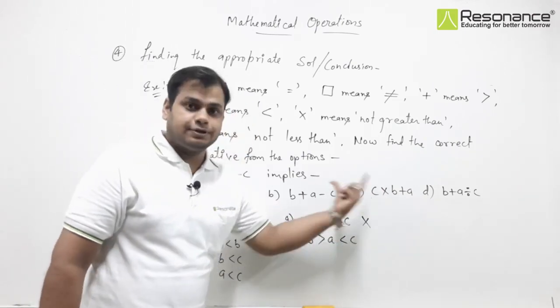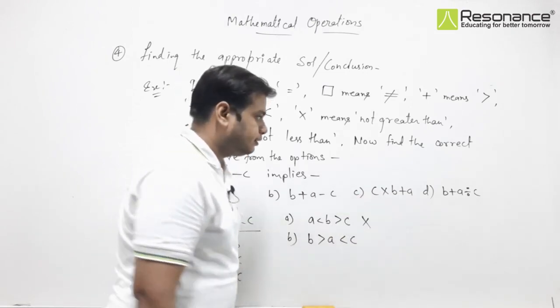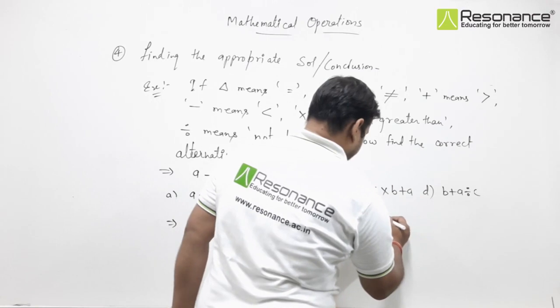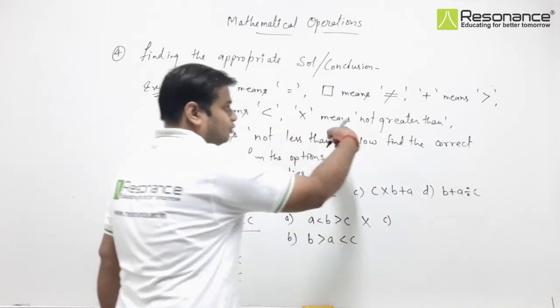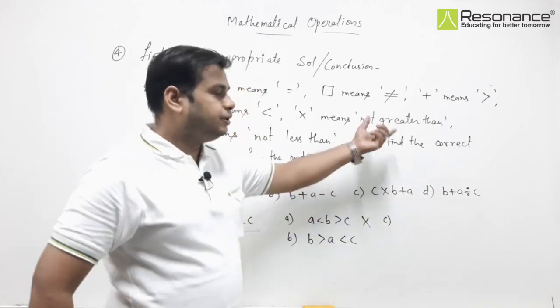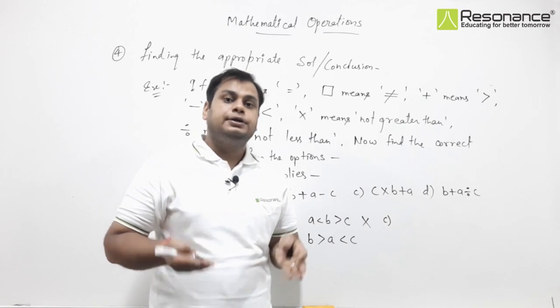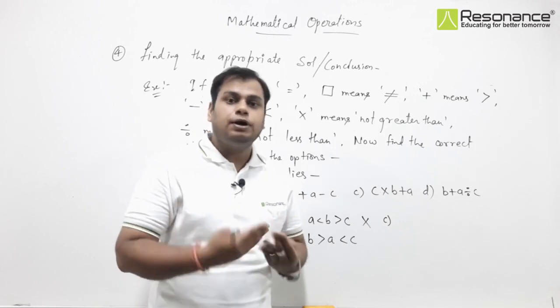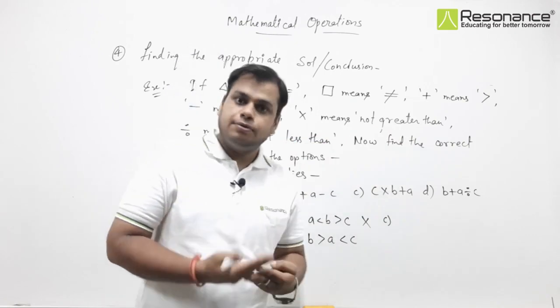Okay, let's see further. If it is a possible answer, then let's see further. Here, option C says C multiply B, and multiply means not greater than. Now, what is the meaning of not greater than? If C is not greater than, then it may be equal to or less than.